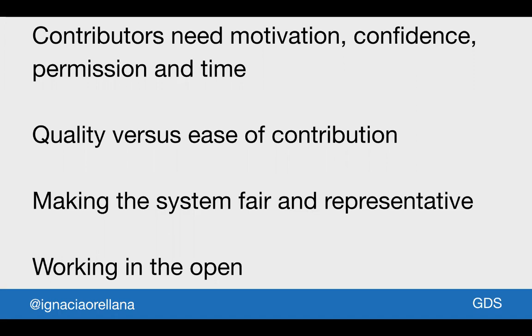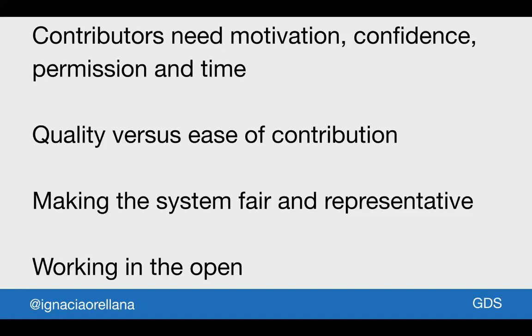We've also realized that the more quality assurance framework that you put in place, the harder and more daunting it becomes to contribute. Another thing is trying to make it fair and representative. Reviewing design can be challenging and sometimes blurry.